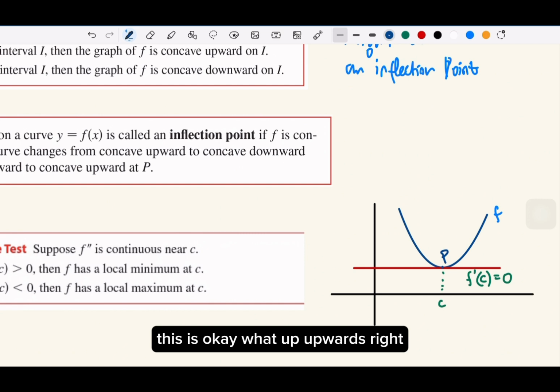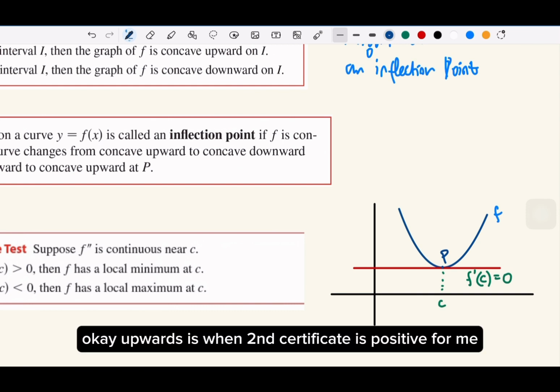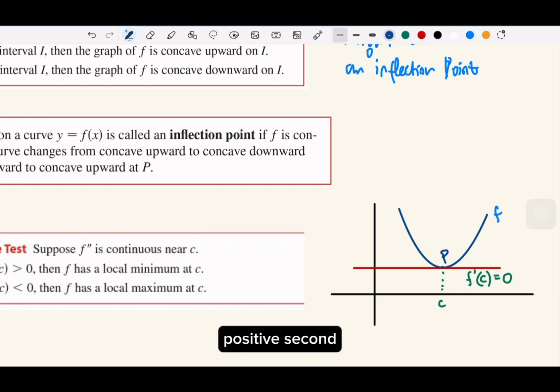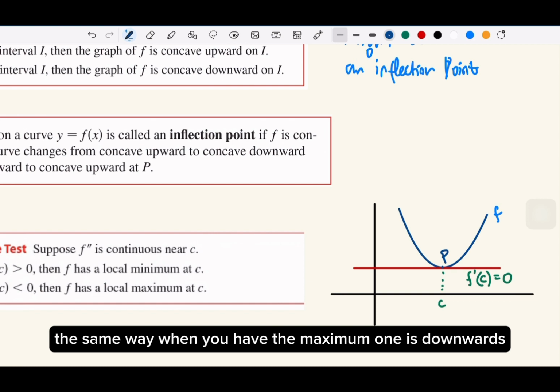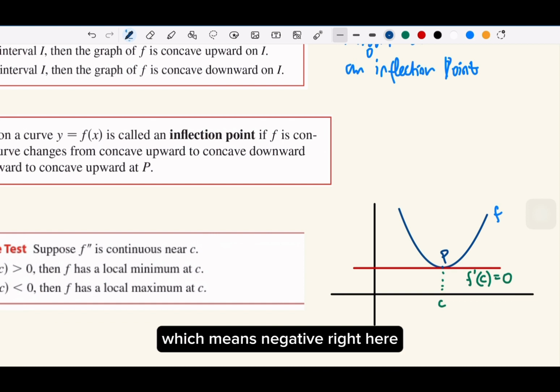This is concave what? Upwards, right? Concave upwards is when the second derivative is positive or negative? Positive. The second derivative is positive, f has a local minimum. The same way when we have the maximum one, it's downward, which means the second derivative is negative.